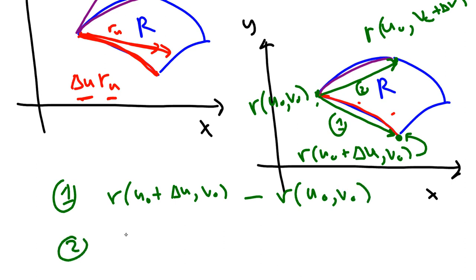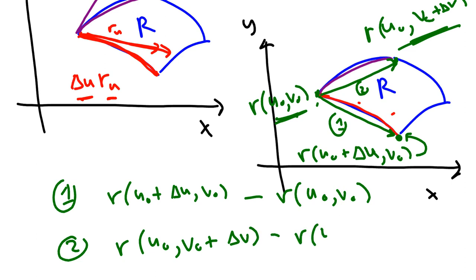Vector 2 is going to be r of u0 comma v0 plus delta v, I'm going for this one up here, minus that one, r of u0 comma v0.